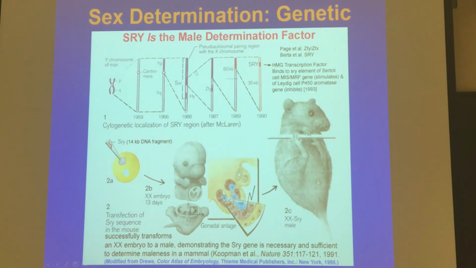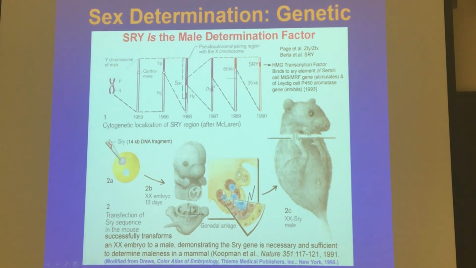But this pseudoautosomal region meant that Y chromosomes didn't just exist on their own. They actually could share genetic information with X chromosomes. And people got excited about this. HY was in that region. But they found out that there was this other region a little further out, a little closer to the pseudoautosomal region, that actually contained the sex determinant factor.